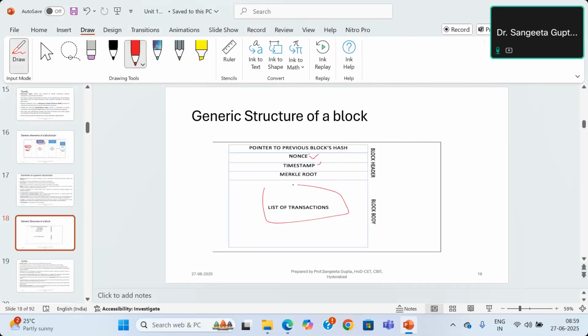And coming to the list of transactions. Suppose there are multiple blocks in a network. Let me say this block is labeled B1 and this block is labeled B2. Now B1 contains some set of transactions and B2 also contains a set of transactions.